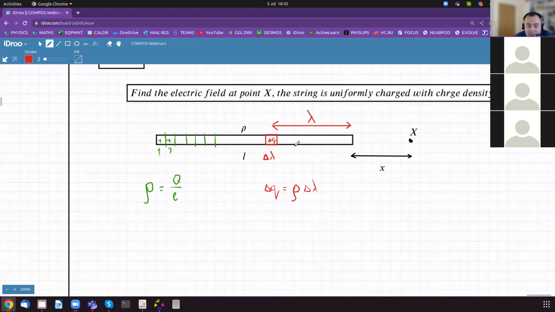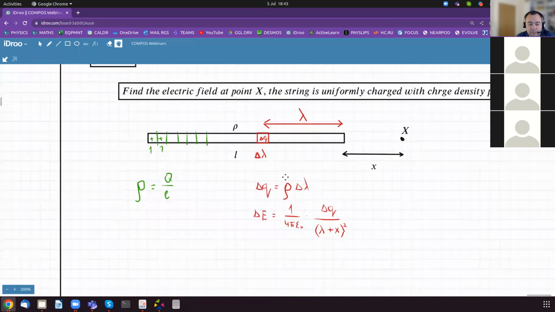And the field that it creates, let's call it delta E, is going to be 1 over 4 pi epsilon naught multiplied by delta Q, divided by the distance. And the distance is lambda plus x squared, because that's the distance to that point.